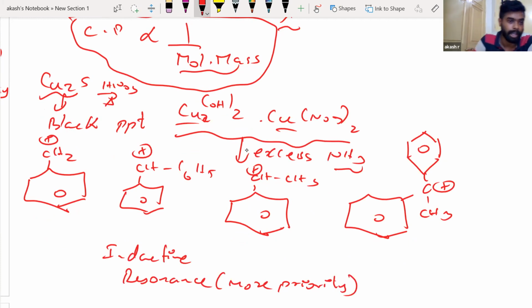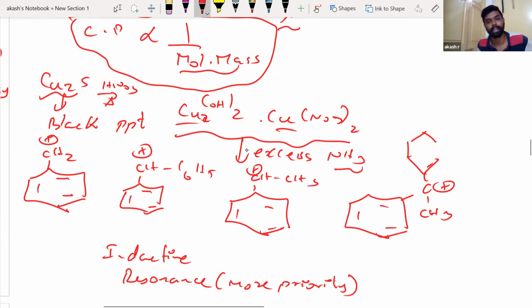Okay, fine. Now, if I can just rewrite these rings which I wrote in the form of pi bonds. Okay, this is what I have.